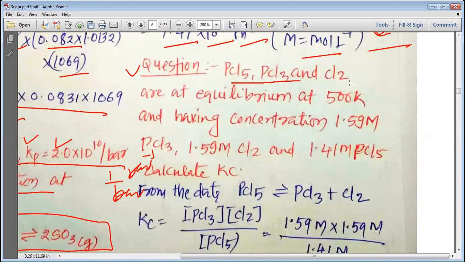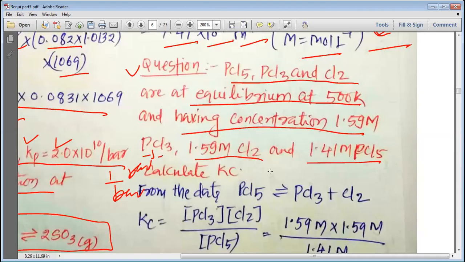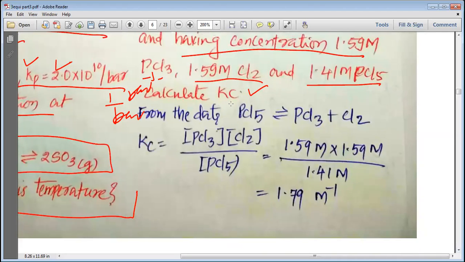We have PCl5, PCl3 and Cl2 at equilibrium at 500 Kelvin, having the concentration 1.59 molar for PCl3, 1.59 molar for Cl2 and 1.41 molar for PCl5. We need to find out the Kc. So from the data we can write the reaction: PCl5 gives PCl3 and Cl2.